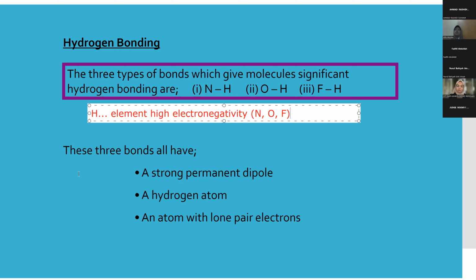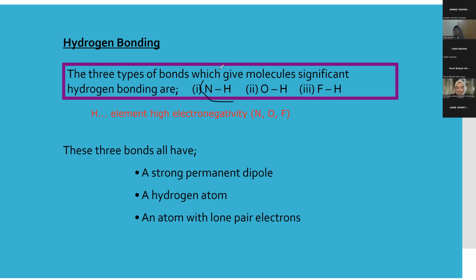So some literature directly states that hydrogen bonding is the interaction between hydrogen and nitrogen, hydrogen and oxygen, hydrogen and fluorine. Okay. But why nitrogen? Why oxygen? Why fluorine? Why does it not happen with carbon? Why not with silicon?